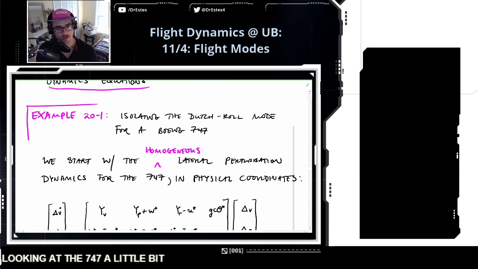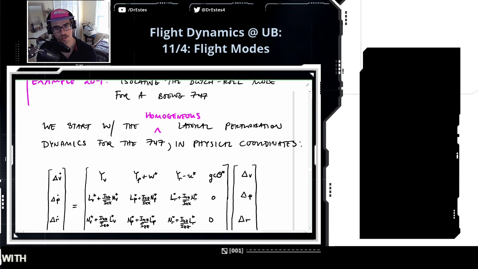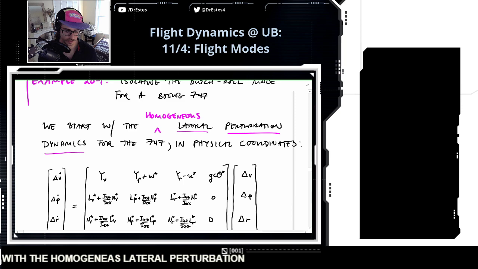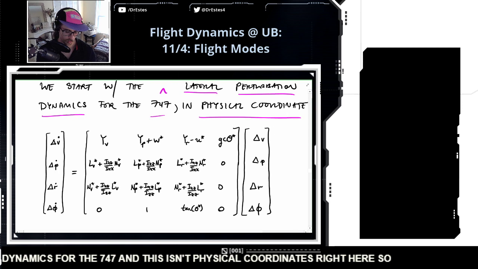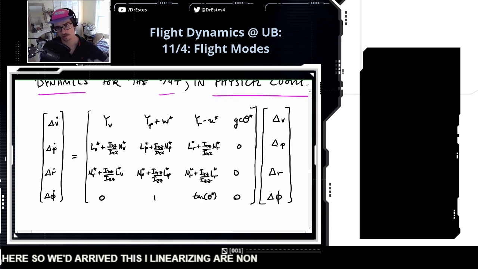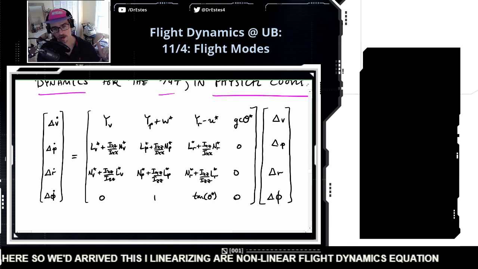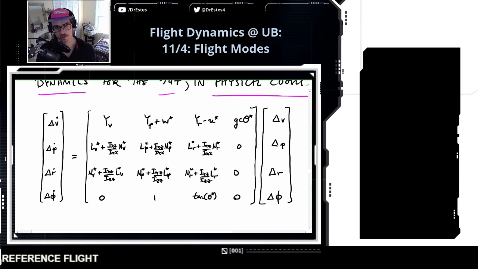Okay, so what we're going to do, we're going to start with the homogeneous lateral perturbation dynamics for the 747, and this is in physical coordinates right here. So we derived this by linearizing our nonlinear flight dynamics equations about just a level reference flight condition at some constant speed.